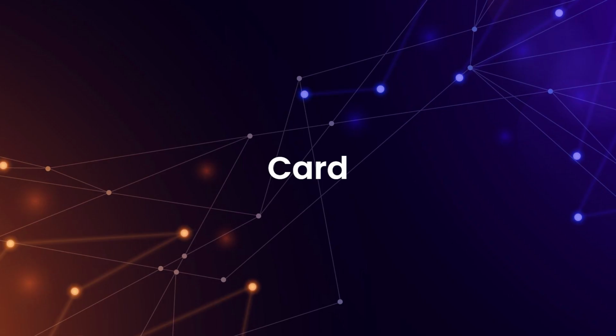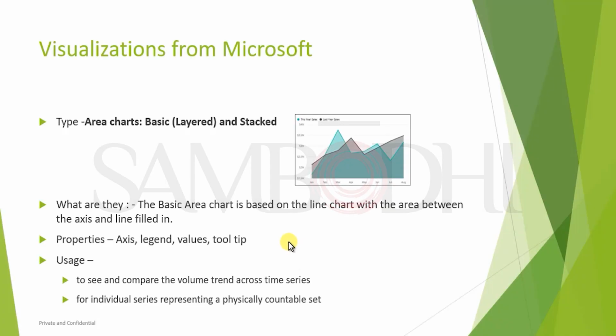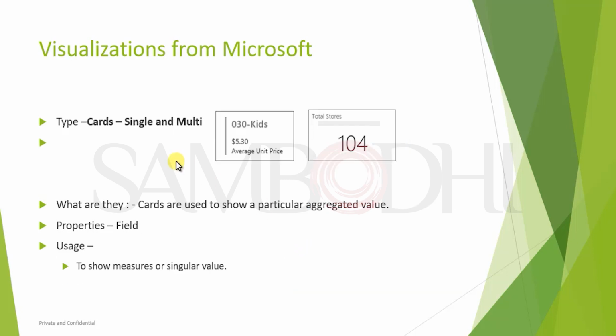Let's have a look at the next visual what we are going to see over here. Next visual is cards. It can be a single card or a multi-card. So it can have a single value or multiple values, right? Where are they used? Cards are used to show a particular aggregated value.